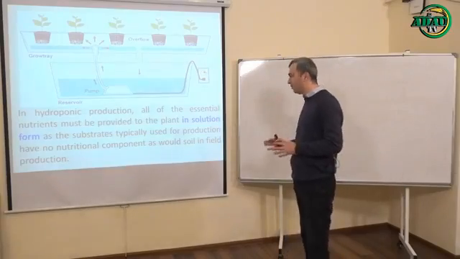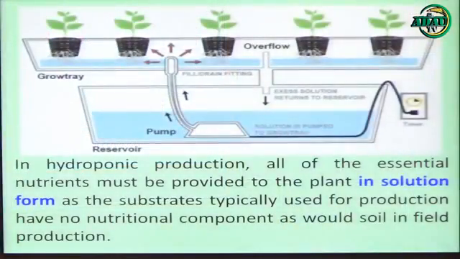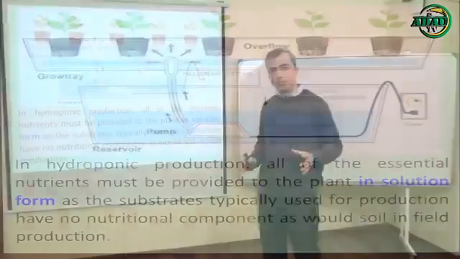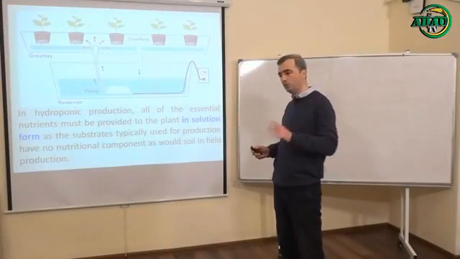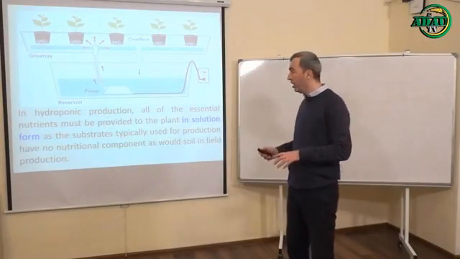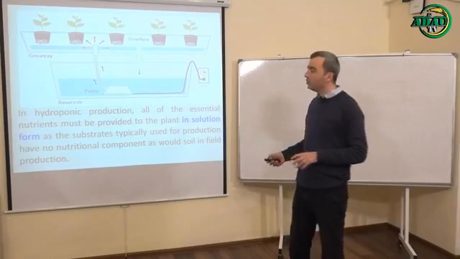The main principle of a hydroponic system is that all the nutrients are given in solution. So you cannot give just ordinary fertilizers to the system. You need well-known water-soluble fertilizers in order for them to dissolve in the water and be provided in solution form.